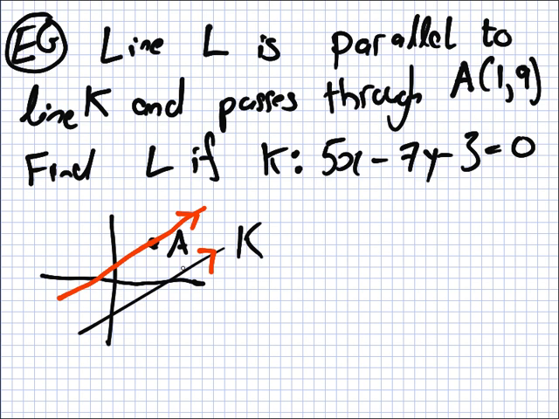What should we do first? Get the slope. Slope of what? K. And how can we do that? Y equals. Yeah, exactly. Do you remember what that's called? The m is called the gradient.